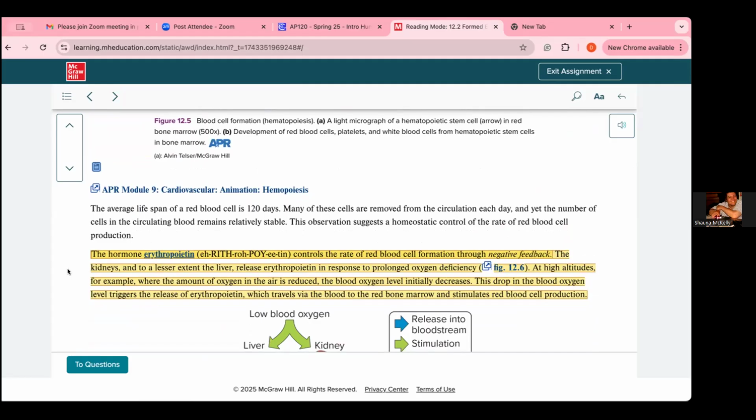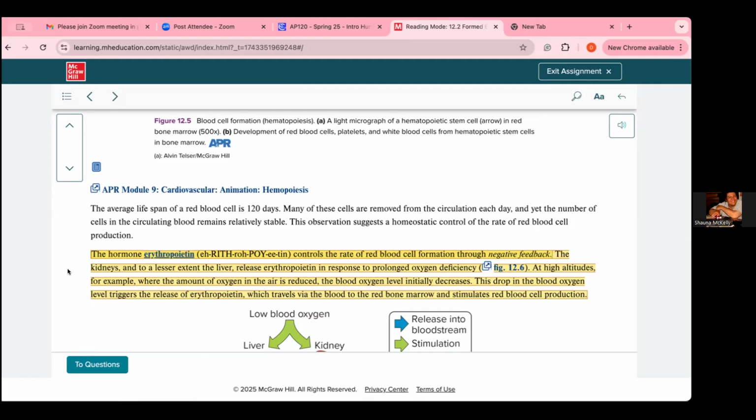The hormone erythropoietin controls the rate of red blood cell formation through negative feedback. So it would be negative feedback. The kidneys and to a lesser extent the liver release erythropoietin in response to prolonged oxygen deficiency.